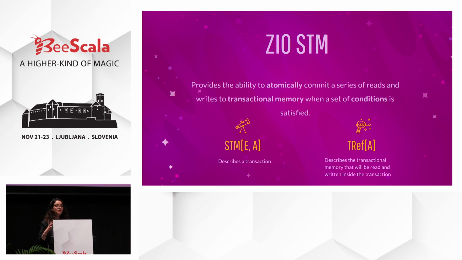But today, we would like to solve the problem of how we get, update and write in our state without affecting the results of other running fibers. So we will define our concurrent program, our computation, inside the transaction.